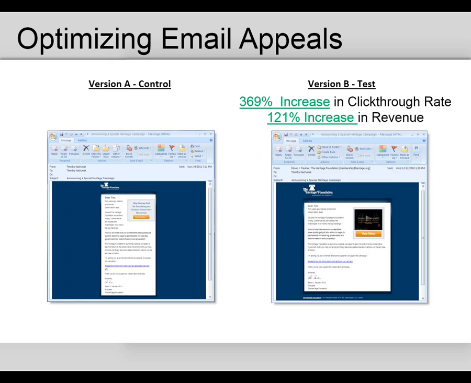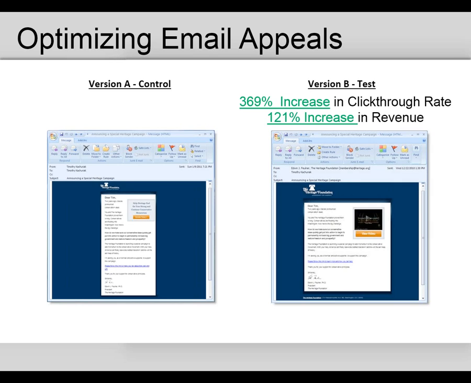And so again, we'll come back to these later, and I'll explain in detail exactly what we learned from each of these different experiments. But the key principle that we have to keep in mind is that optimization doesn't happen on the page. It doesn't happen on the email. Optimization happens in the mind, right?